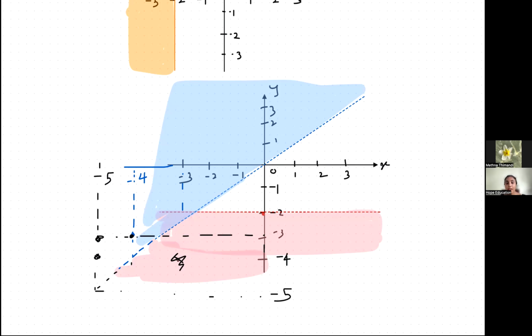Now, let's start frequency distributions. Put the topic: frequency distributions.